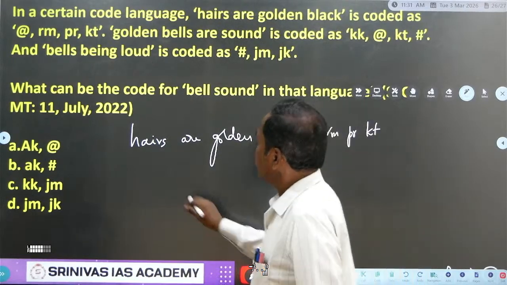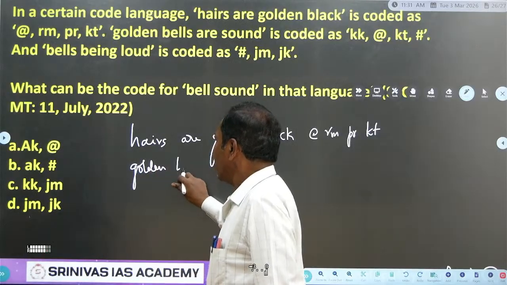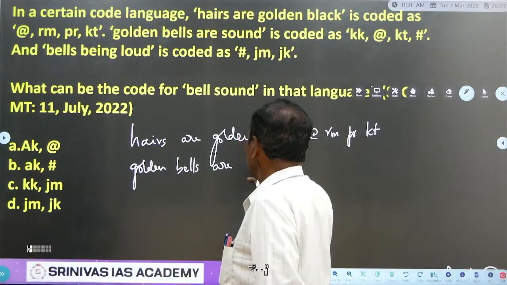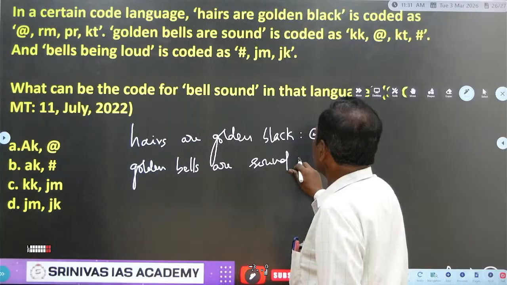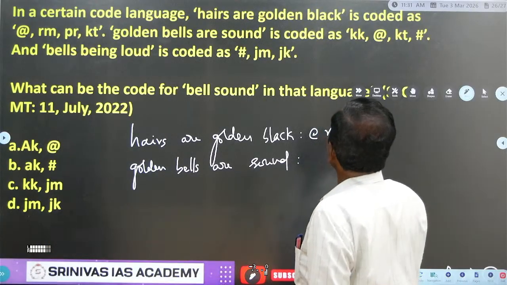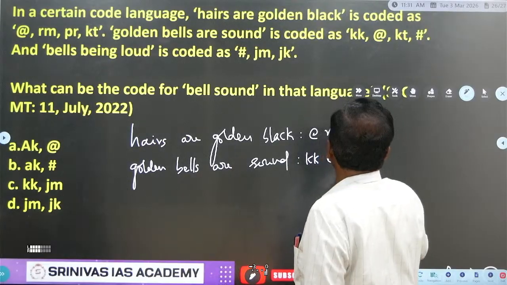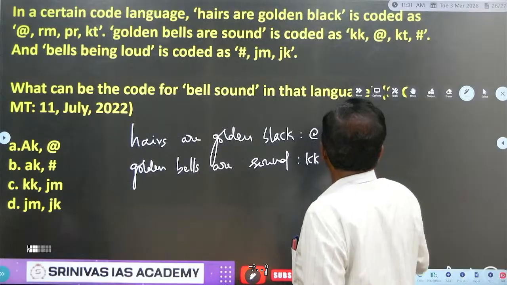Golden bells are sound. Golden bells are sound is coded as KK AT KT ASH. Right.